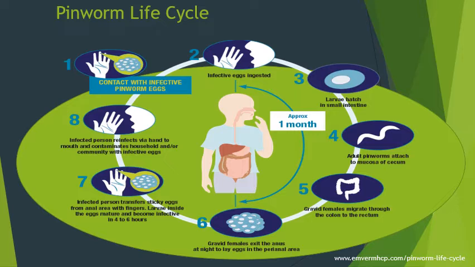The females migrate nocturnally through the colon outside the anus and deposit their eggs while crawling on the skin of the anal area. Newly hatched larvae may also migrate back into the anus, and this is known as retroinfection. So if you see in the picture here, you can actually self-contaminate yourself.